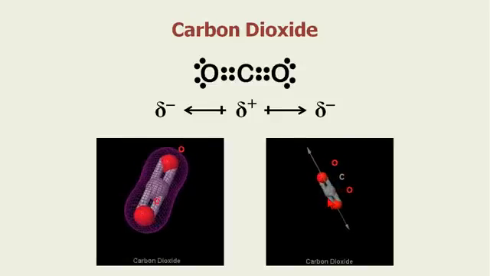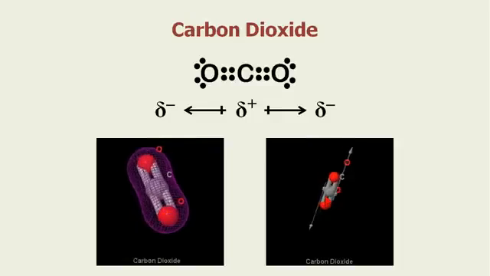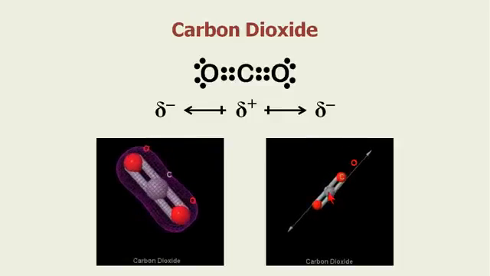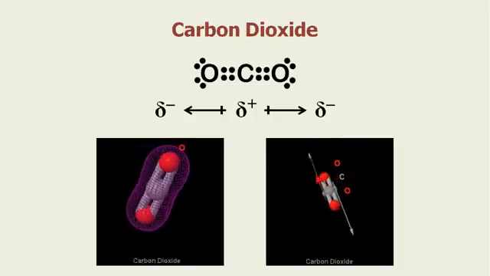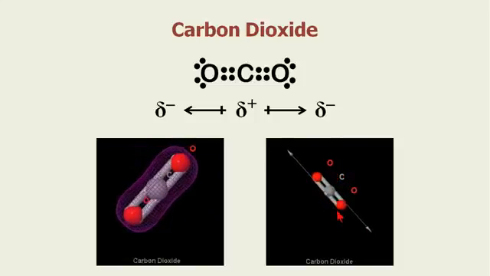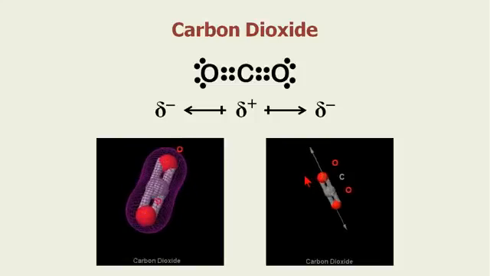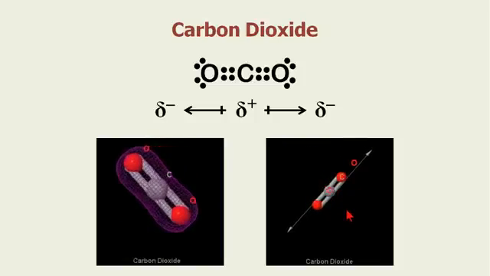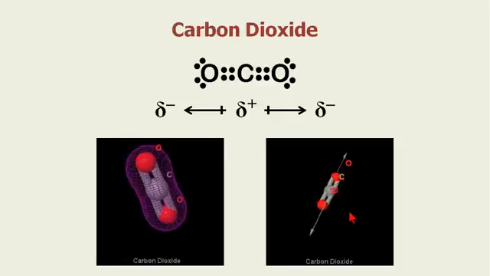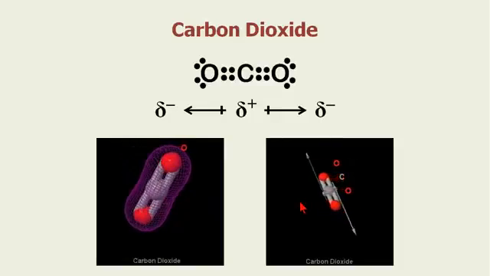Both the bonds and a molecule may be considered polar. In this case, since the two vectors, which are the dipoles, are equal and opposite, the molecule itself is not considered polar, but the bonds are considered polar.